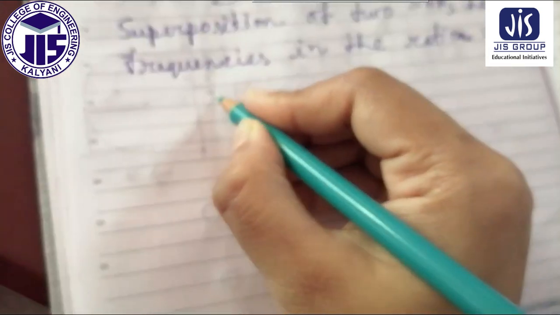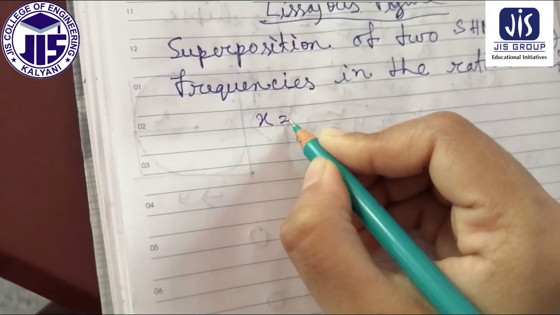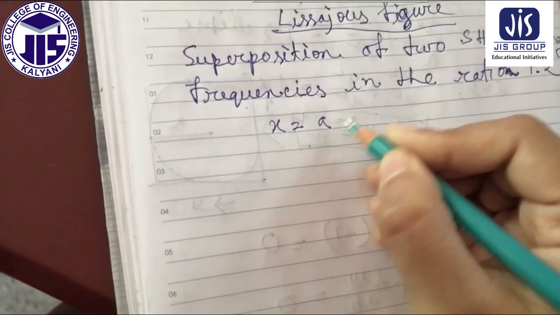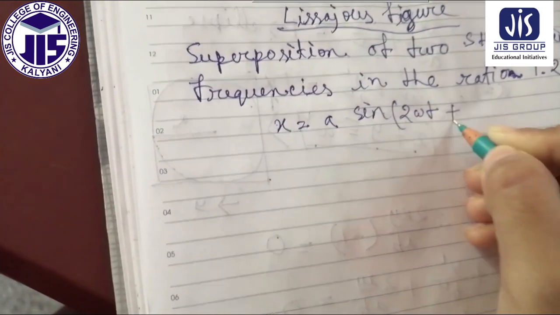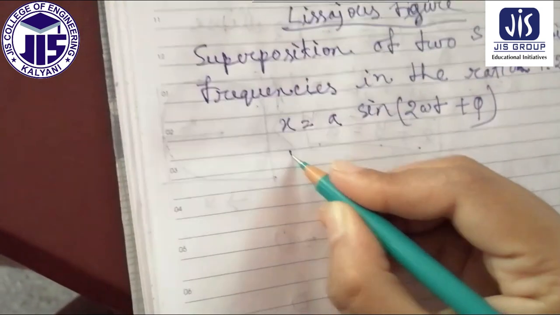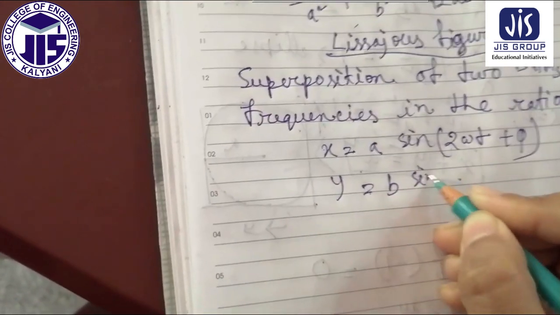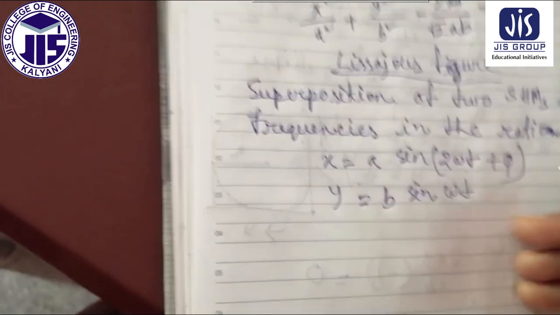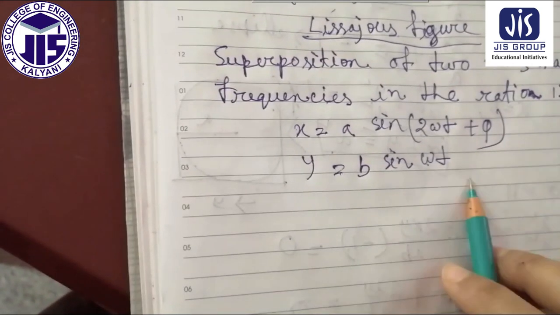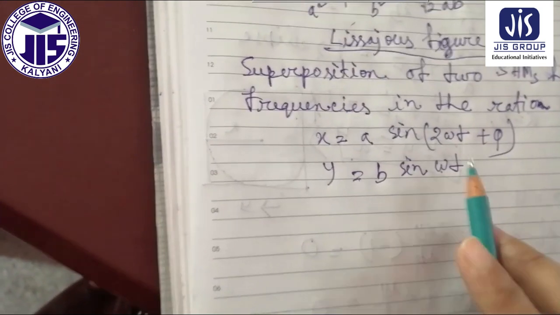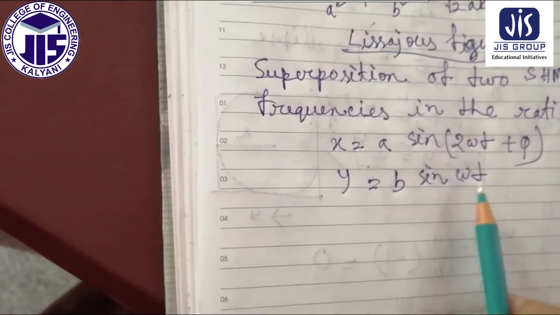First we are considering x equal to a sin(2 omega t plus phi), and the second one is y equal to b sin omega t. There are two waves we are considering with frequency ratio 2:1.